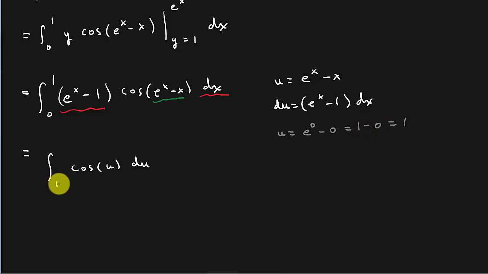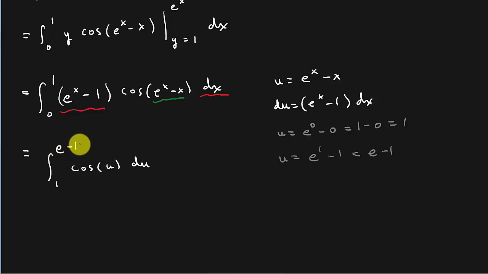With x equals 1, u is e to the 1 minus 1, which is e minus 1.